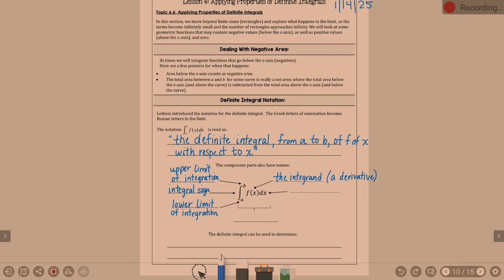With the dx, we've talked about that before. It's similar to delta x, where it represents the width of the interval. But when we have an actual function here, it just represents that you're working with respect to x, that we are integrating the variable of x.